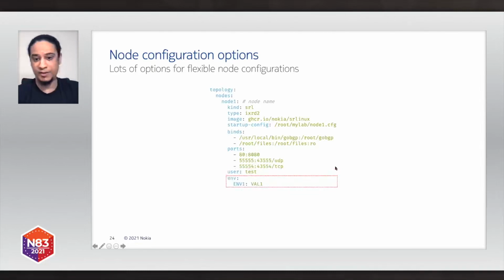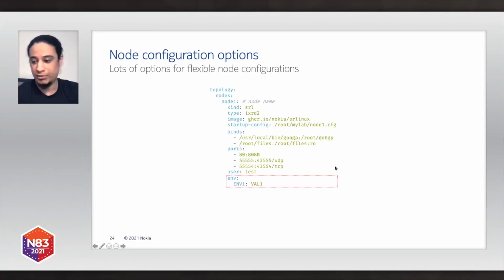With the env field, you can set environment variables that your container can use. So if your application can use environment variables for configuration, you can set that directly into the ContainerLab topology file.